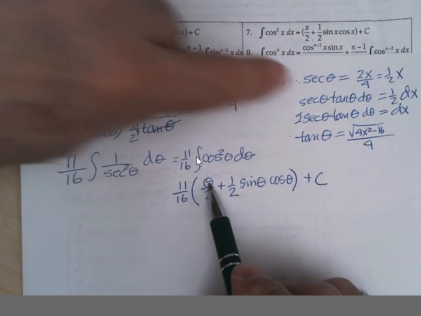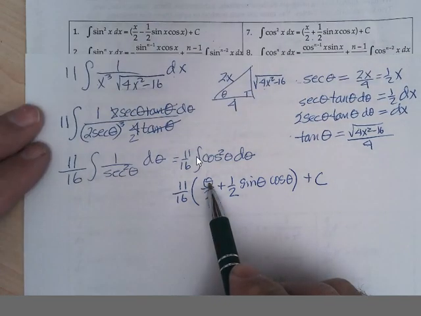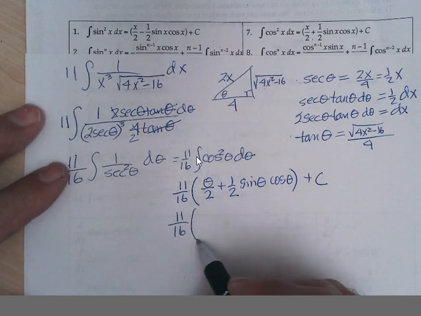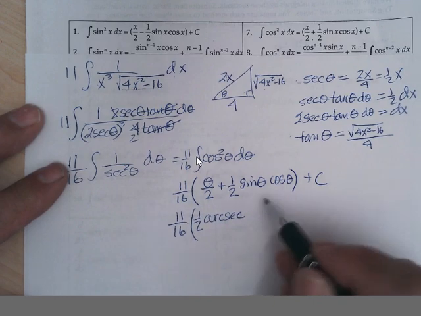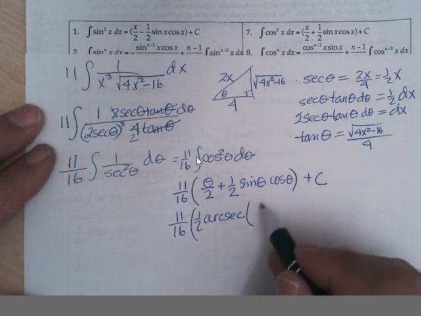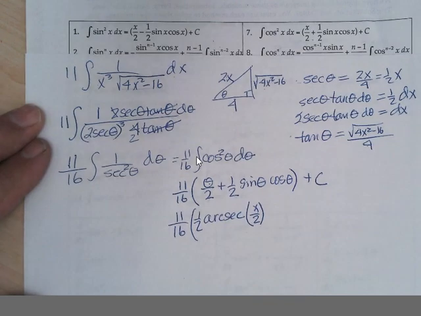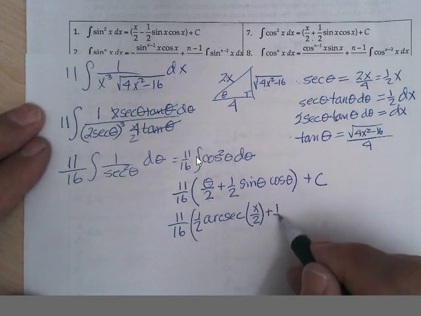So what's theta? It's the arc secant of 1/2 x. And we got a half of that, so 1/2 arc secant of 1/2 x, or x over 2, plus 1/2.